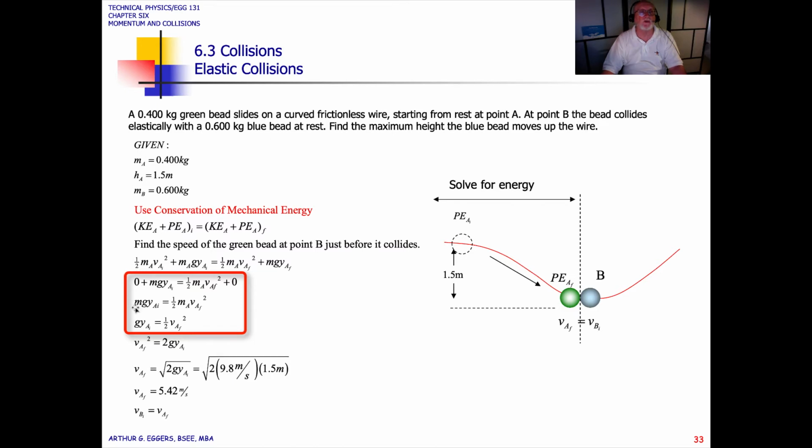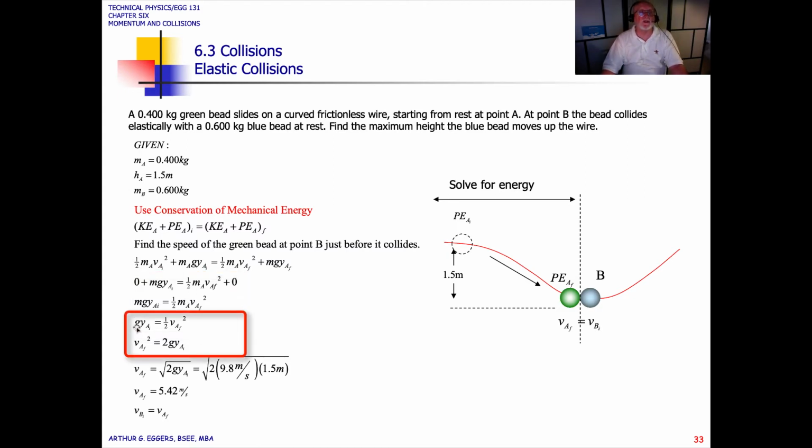All we're left with is m_A g y_A initial equals 1/2 m_A v_A final squared. This is one of those problems where we can cancel the masses because the mass remains constant throughout that part of the problem with the green bead.